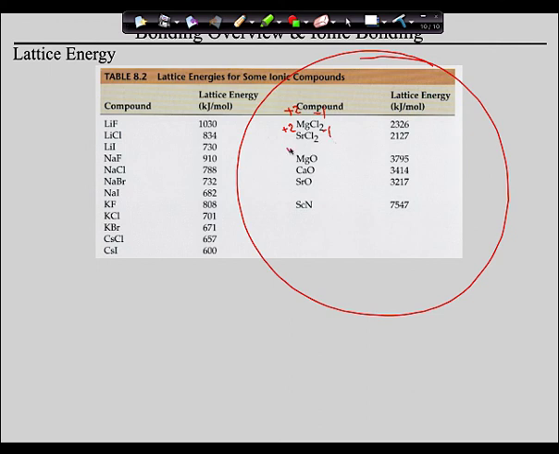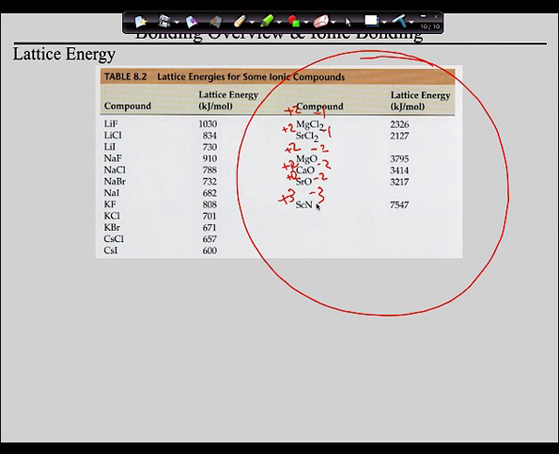What about this? +2, -2. And now they're even stronger. And then, guys, +3, -3. And they just keep getting stronger as the magnitudes of the charges go up.